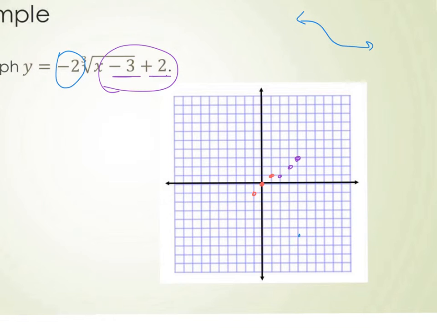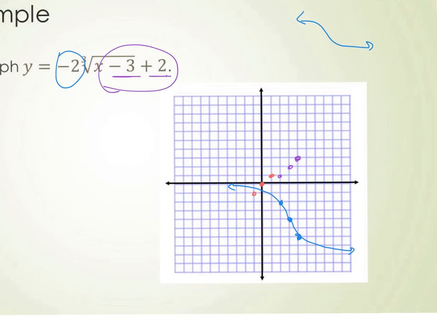So I'm going to come down here to -6, and I'm going to plot it. The x stays the same. Then I'm going to take the next one here, which is 2 times -2, so it's going to be at -4. Notice they're not just one apart. And then 1 times -2 is going to be -2. So it has stretched it. So now we're going to come this way and this way.